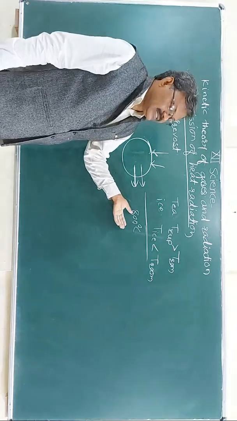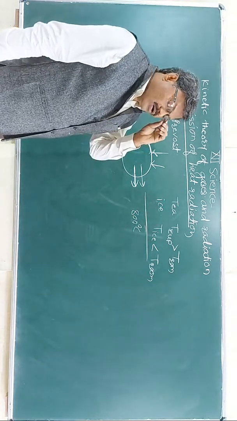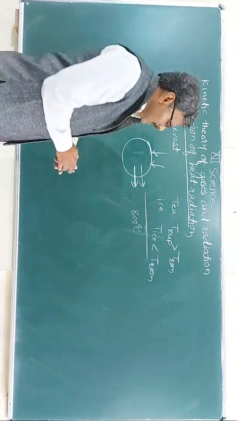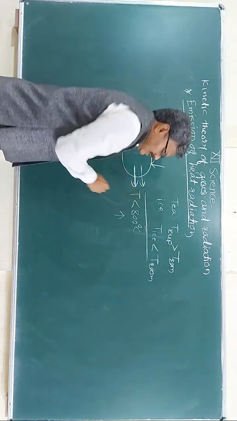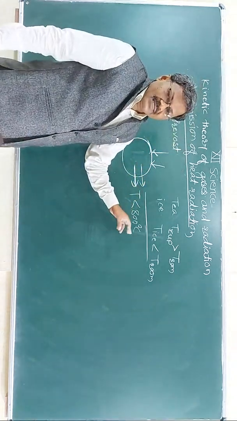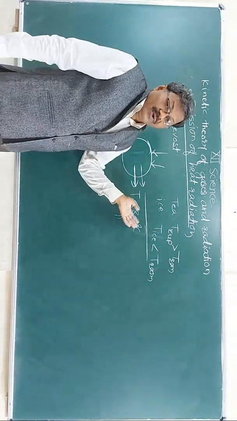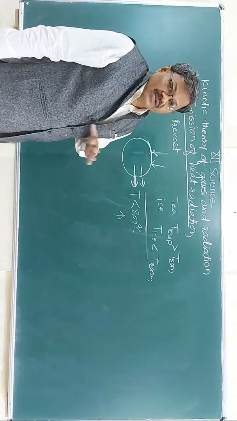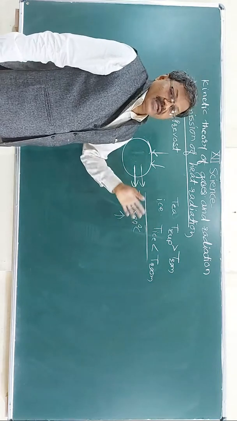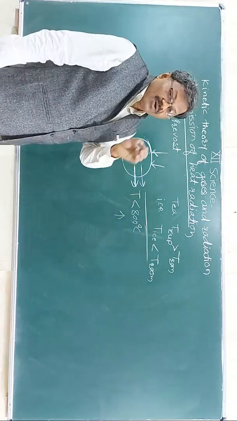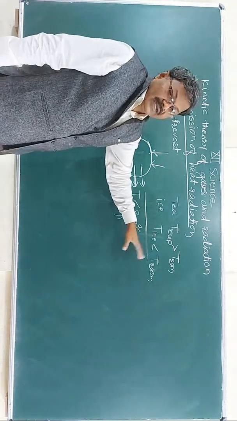When the temperature is less than 800 degrees Celsius, the body radiates energy whose wavelength is longer than visible light. Therefore, we cannot see or observe this radiant heat.